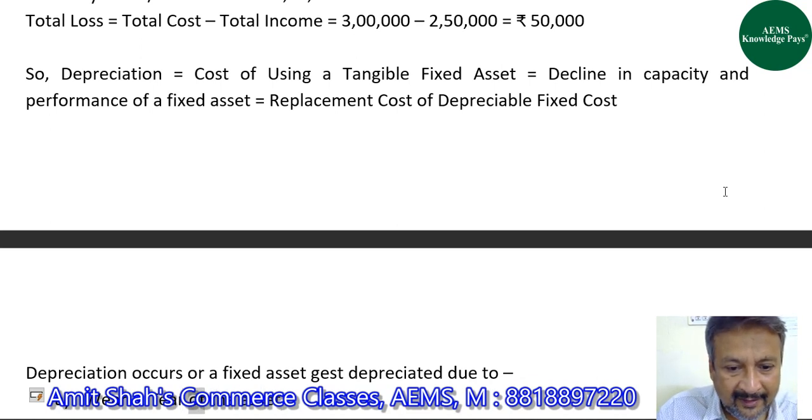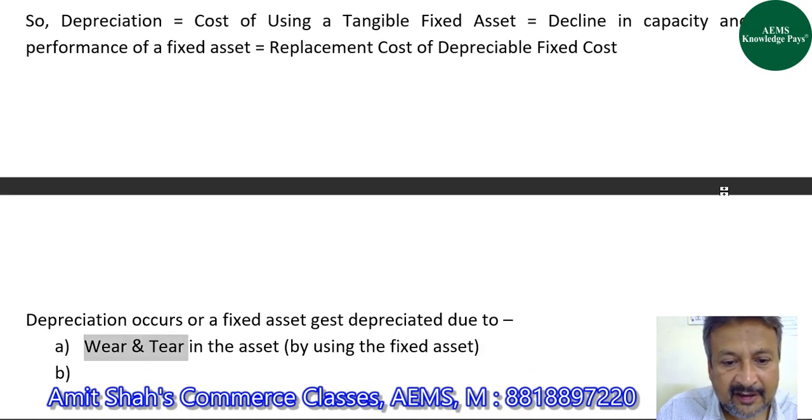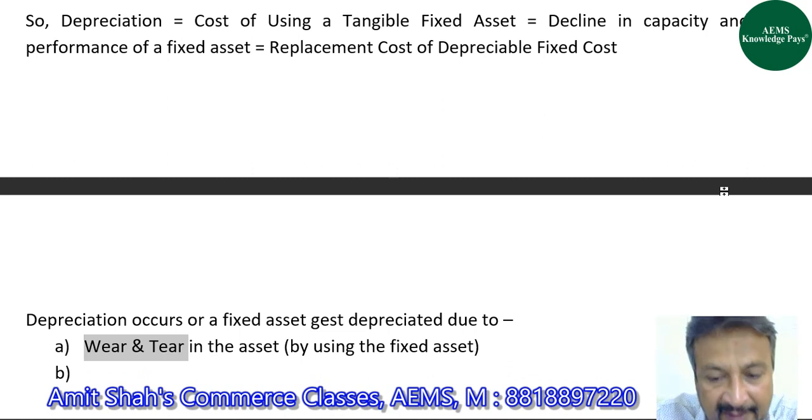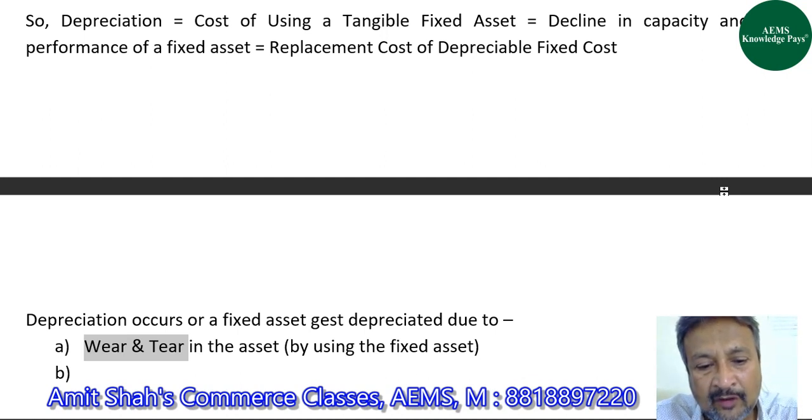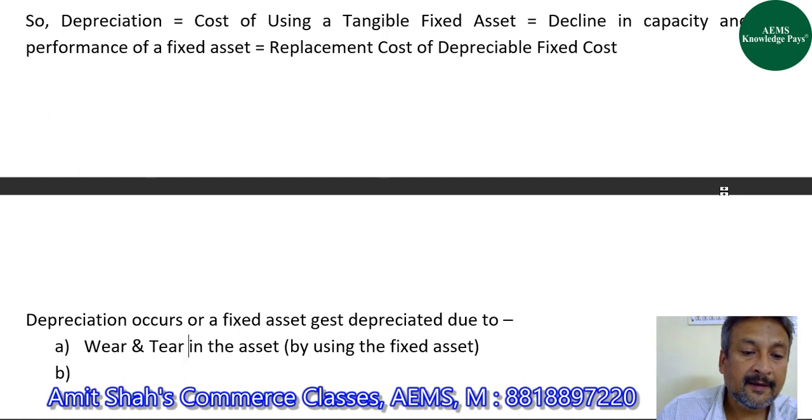This happens by using the fixed asset. Wear and tear, guys, is nothing but reduction in capacity or performance of an asset due to its usage. What we call ghisna in Hindi is wear and tear, right?